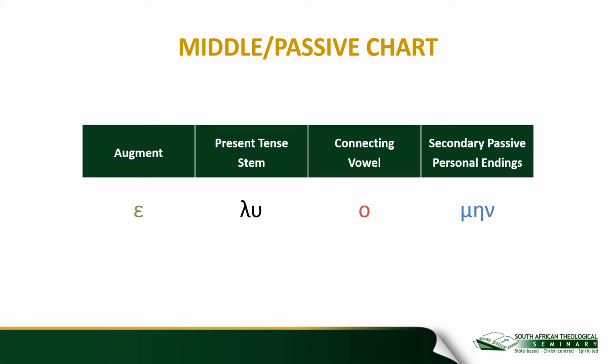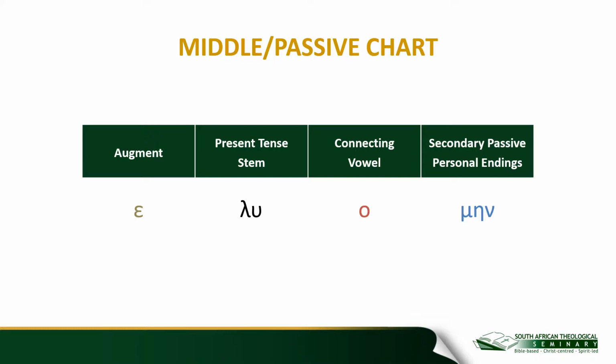This chart shows the building blocks for the imperfect middle or passive indicative. As is the case in the present tense, in the imperfect the middle and passive forms are identical. Only the context will allow you to decide whether a particular form is middle or passive.